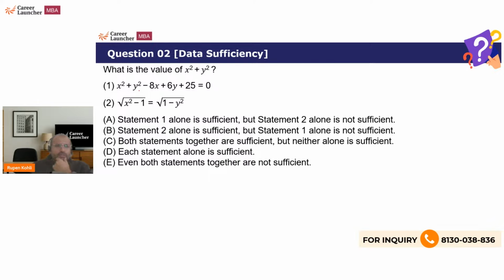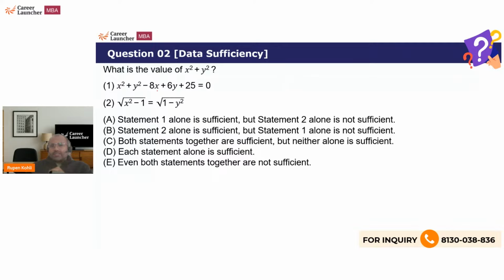We need x square plus y square, and we are given x square plus y square and other terms as well: minus 8x plus 6y plus 25. So it looks like there is only one equation in terms of two variables. How can we solve for anything? We know that in algebra we need as many equations as the number of variables to solve the equation.